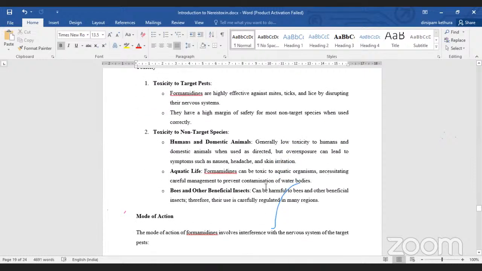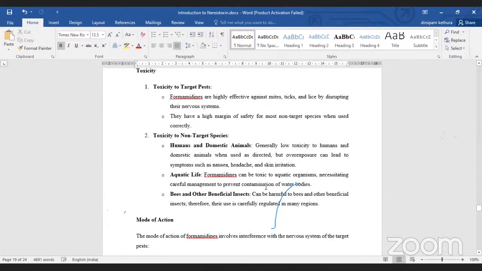And coming to the toxicity of this formamidin, these are highly effective against mites, ticks, and lice by damaging the central nervous system. And they have a high margin of safety for most non-target species when used directly.